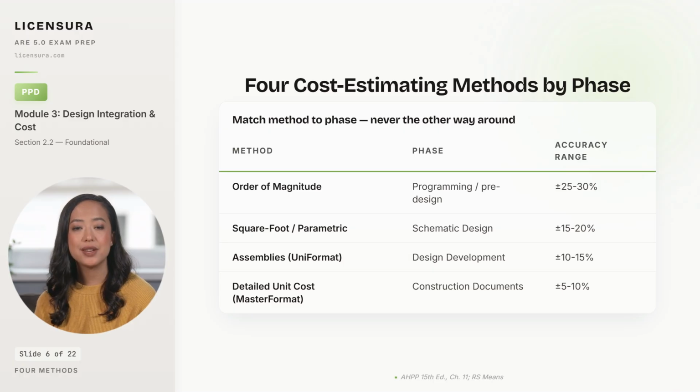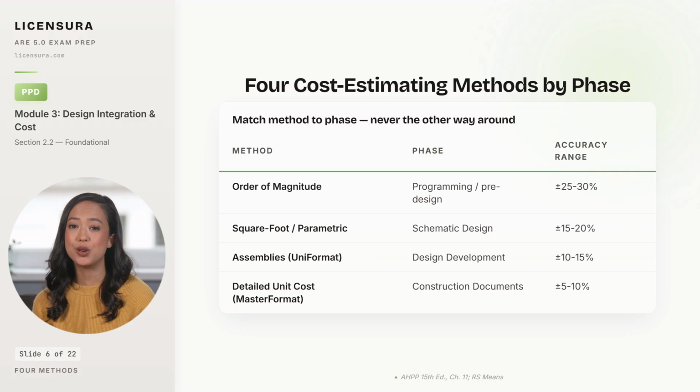It fits design development, where you have enough detail to price building systems but not individual items, with accuracy plus or minus 10 to 15%. And detailed unit cost estimating, organized by the MasterFormat divisions, is the construction document method, where every line item gets priced against unit costs, with accuracy plus or minus 5 to 10%.